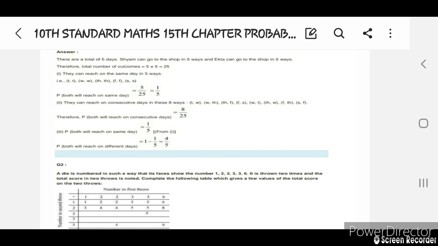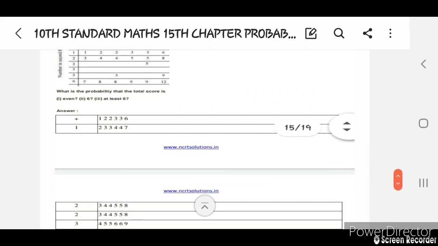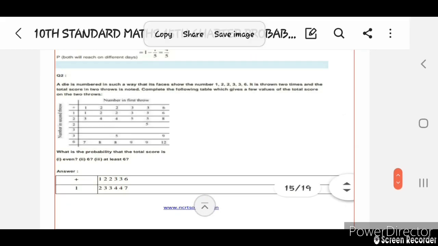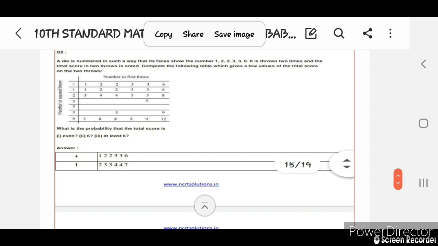Next, a die is numbered in such a way that its faces show the numbers 1, 2, 2, 3, 3, 6.